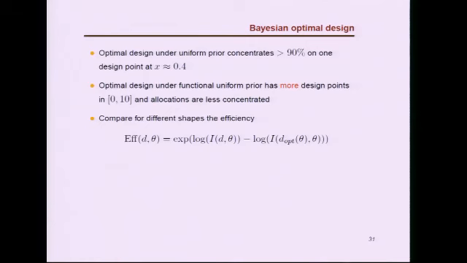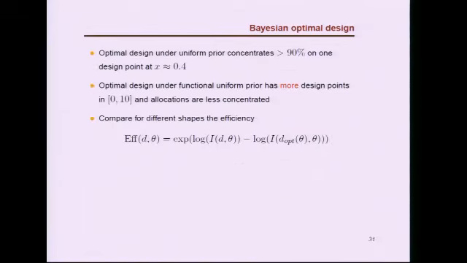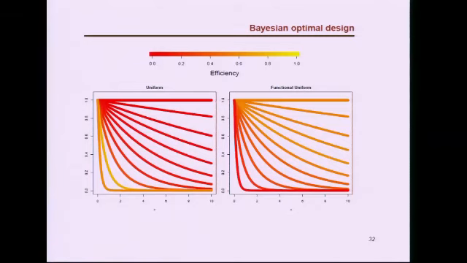Then if you look at the efficiencies plotted, for each of the theta values, I calculated the locally optimal design, and I just look at the efficiency of the two different designs. What you can see here is that if you use the uniform prior distribution, you have a very low efficiency for all these functional shapes, and you only achieve something reasonable here, here, and here.